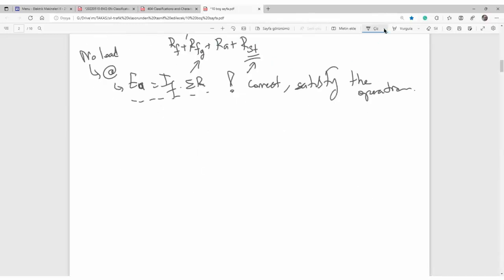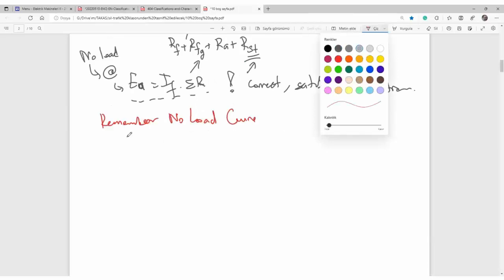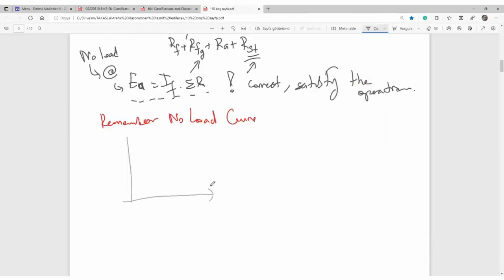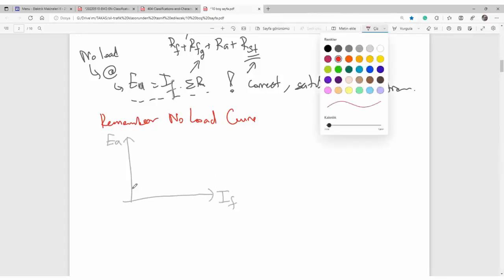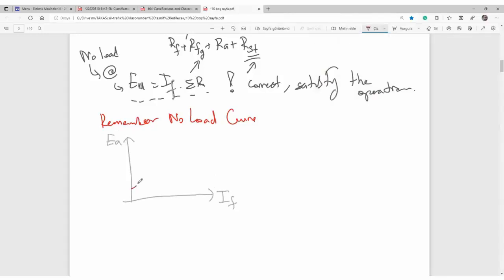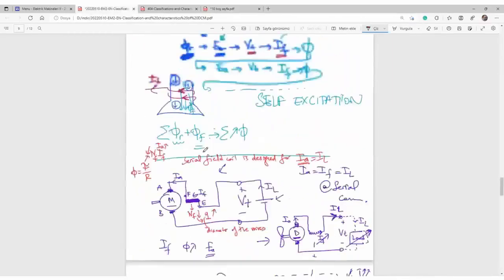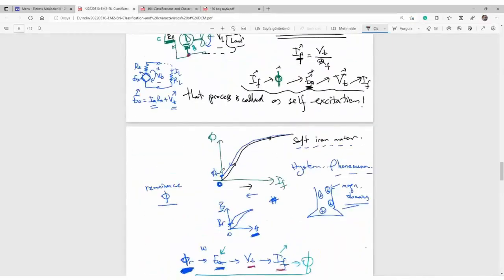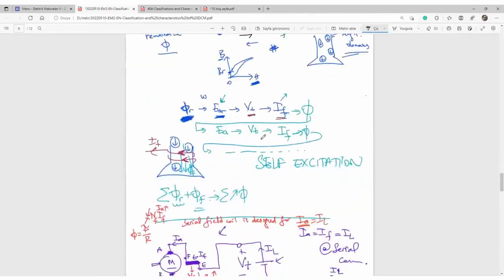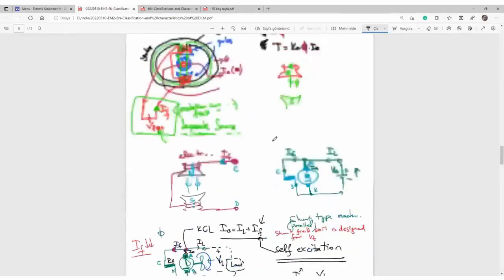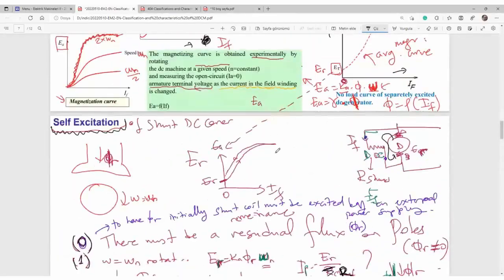Remember the no load curve. Here's a Cartesian system. Here's field current, here's EMF. The relation looks like this. That is the average magnetization curve, the no load curve. We have already studied it in the previous session. That was the initial test, and after the initial test, the later tests will be like this.